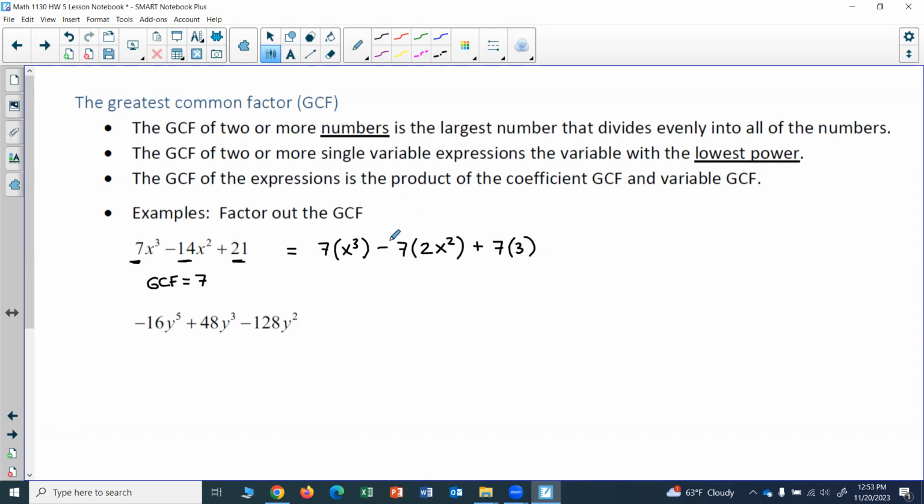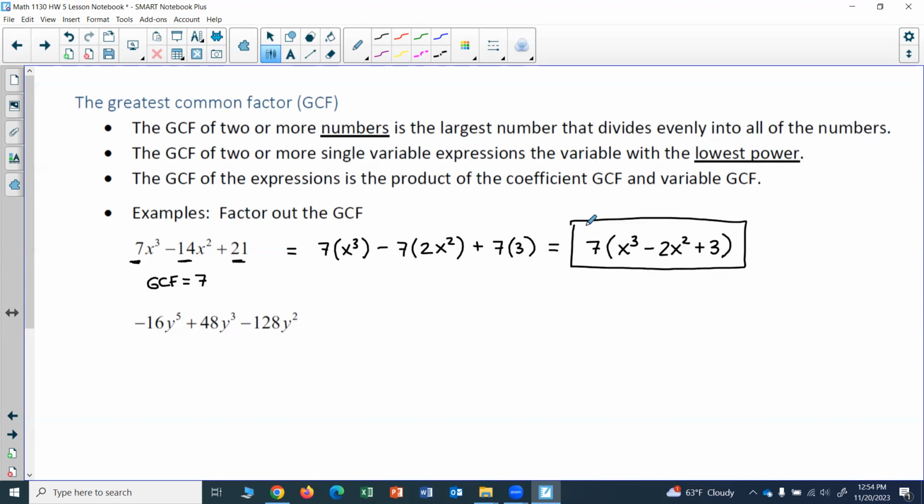So now I'm using the reverse distributive property, and I'm pulling the 7 out front. I'll have 7 written out front, and then a set of parentheses. And in the parentheses, I'll have x cubed minus 2x squared plus 3. So it's the reverse distributive property when I'm pulling out the GCF.